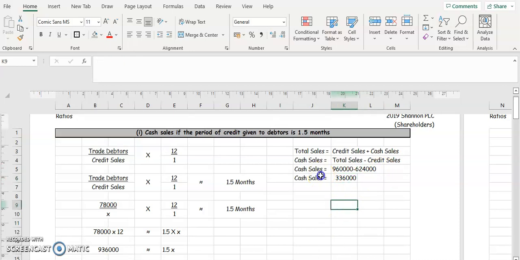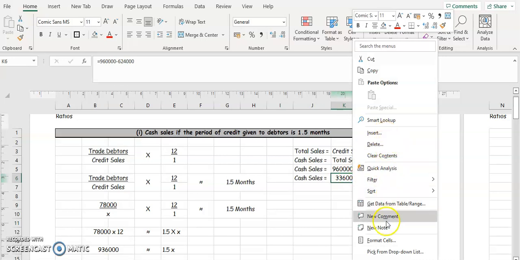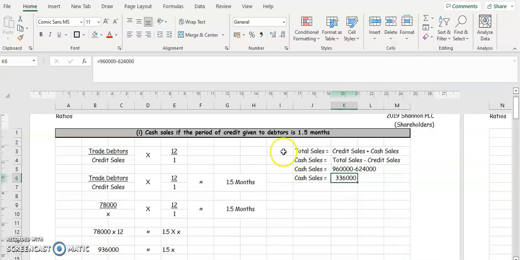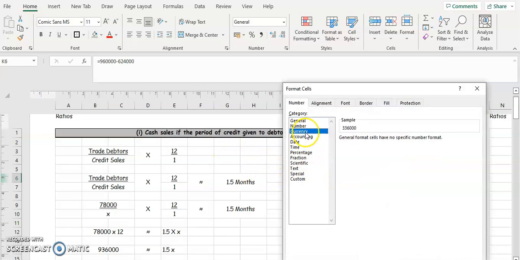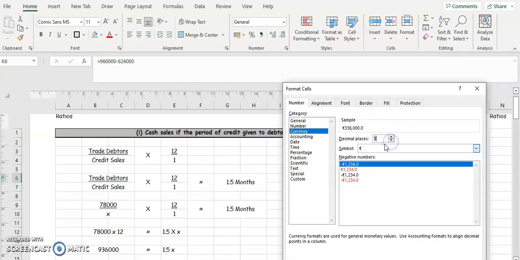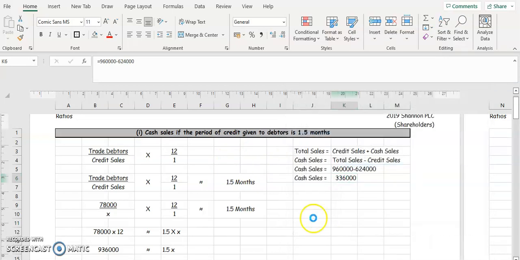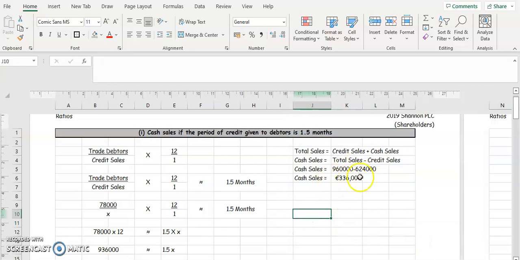And that's the answer that we're looking for in part A. Now remember with these that you should be putting them into the correct units. Marks will be given for units, so this should be in currency, euros within that question itself. Okay, so that's how you answer part 1 for 2019 Shannon PLC.